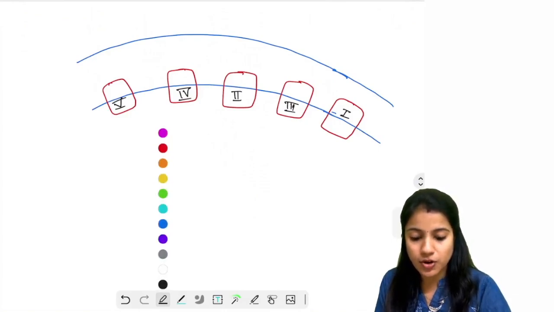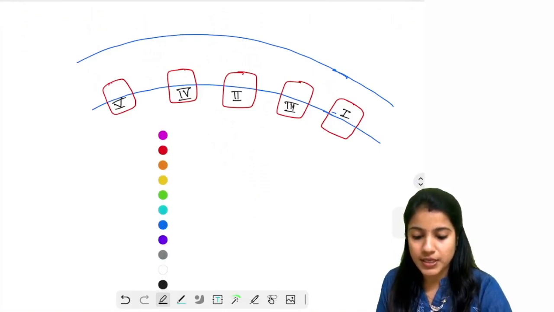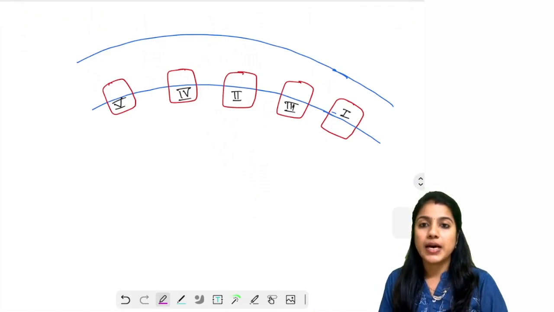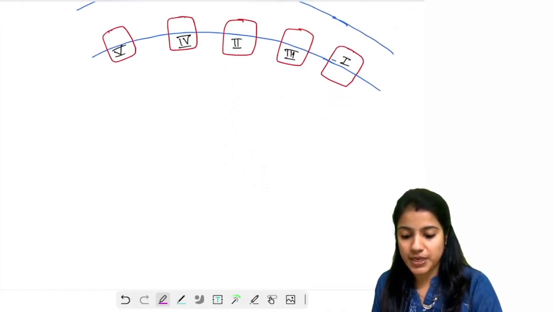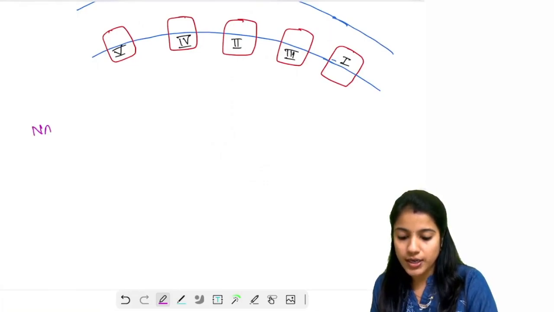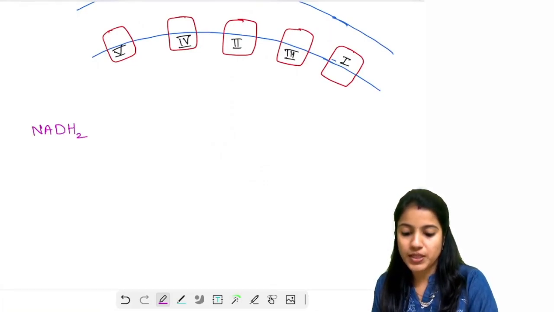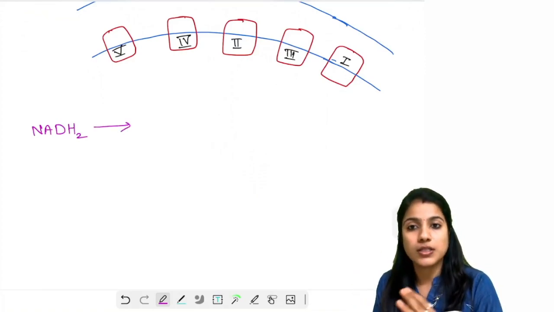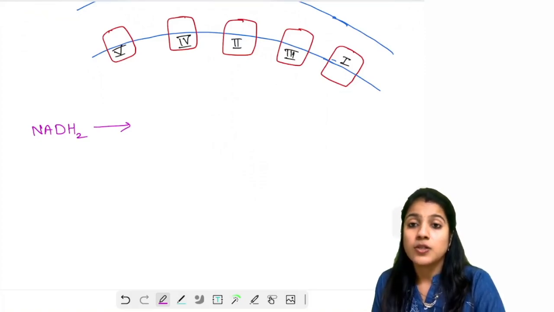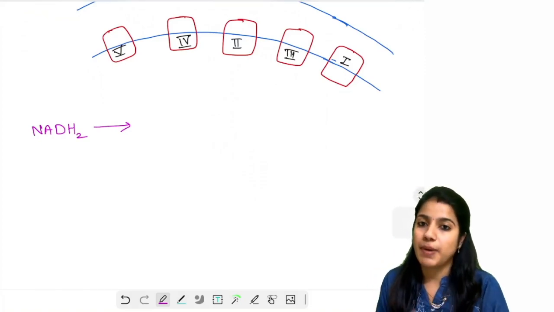Now what is the role of each and every complex? See properly what products we got from glycolysis and Krebs cycle. Remember, we got NADH2. These are reduced products. So what is the process? Oxidation of reduced substances, so as to get the oxidized products back.